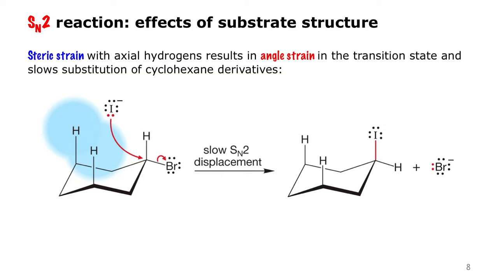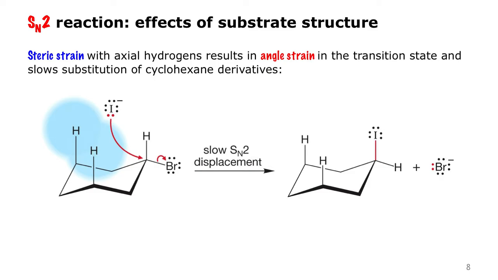Here we can see an example of a substitution happening where our leaving group is attached to a cyclohexane ring. In its most stable conformation, this bromocyclohexane would have the bromine in an equatorial position, and that would mean an incoming nucleophile, represented by iodide, would have to come in across the top of the ring, and these axial hydrogens impose some steric hindrance.